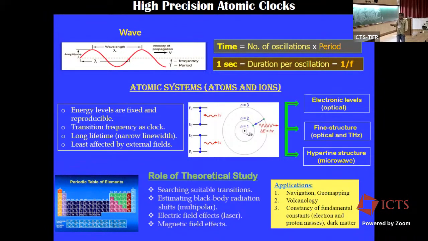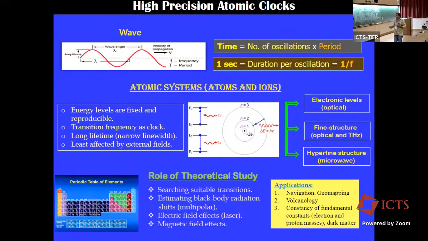Now, if you look at the periodic table, we have so many elements, and in principle almost all the elements can be used as atomic clocks, but some of them will be used in the neutral form, some in the singly ionized form, doubly ionized form, or multiply ionized form. Then you can have several atomic clocks, and the importance of having several atomic clocks was discussed already yesterday and the day before yesterday.